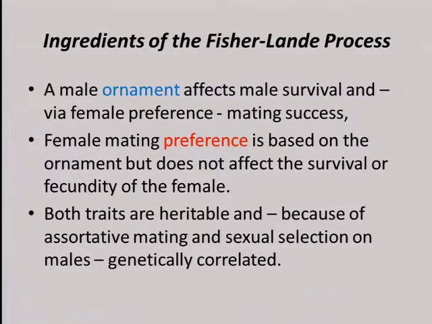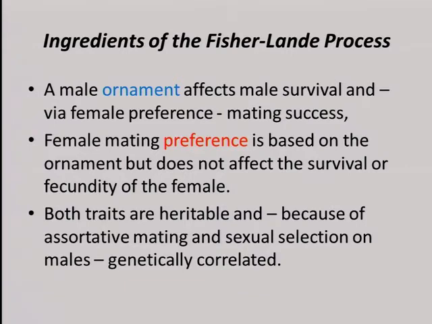Okay, so here are the ingredients in Lande's version of the Fisher-Lande process, and this is what we imagine Fisher had in mind. In the first place, there's a male ornament, say tail size, which affects male survival. We'll specify how. And via female preference, his mating success. So it has two effects on two different components of fitness.